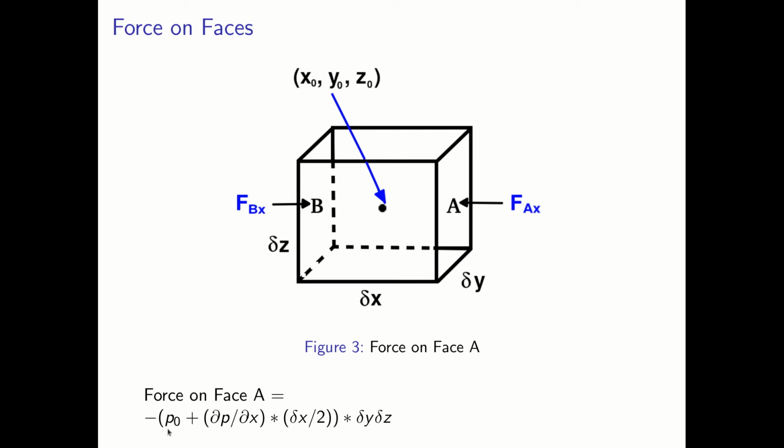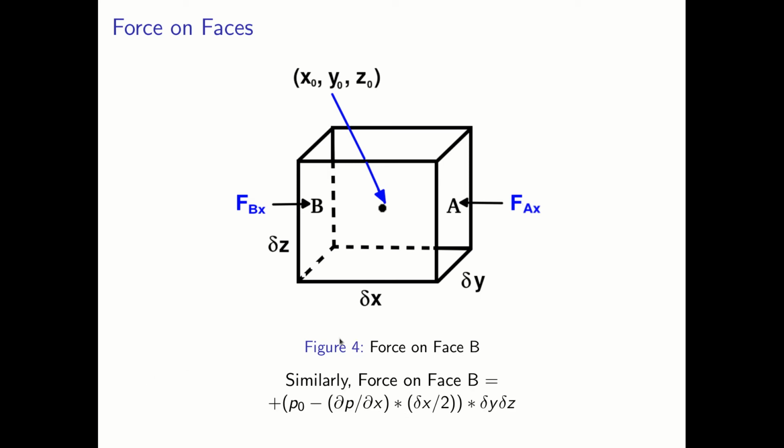So you multiply this pressure with the area, and since the Fax force is in opposite direction to the gradient of pressure in the x direction, we'll include a minus sign here. So force at face A will be minus of pressure at 0 plus the gradient into delta x by 2 and multiplied with the area of this face. So this is the final expression that we get for force at face A.